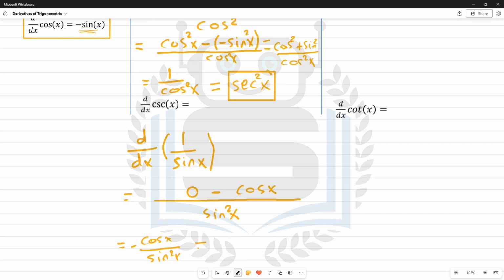That equals negative cosine x over sine x times 1 over sine x.